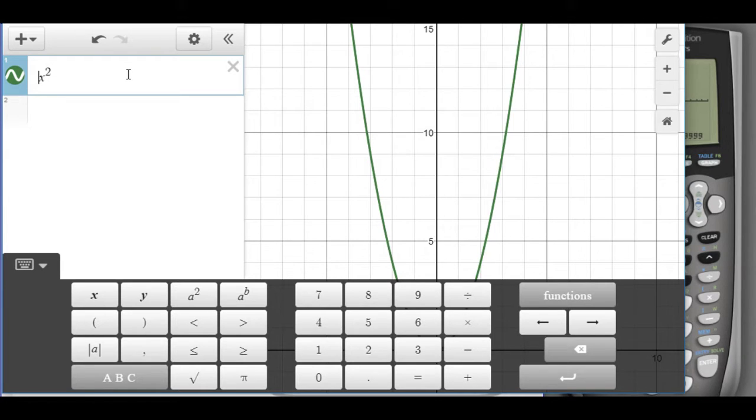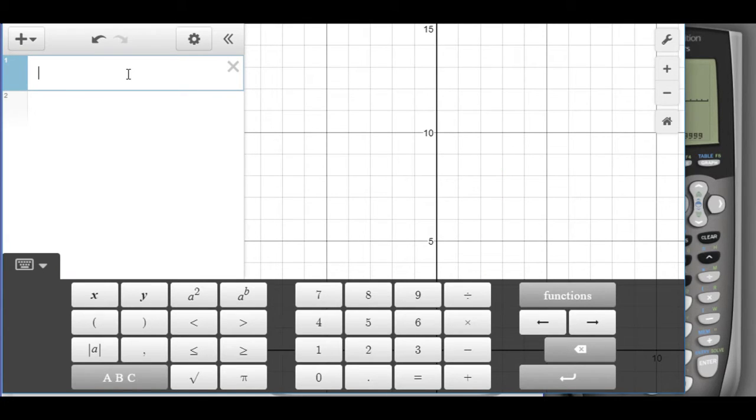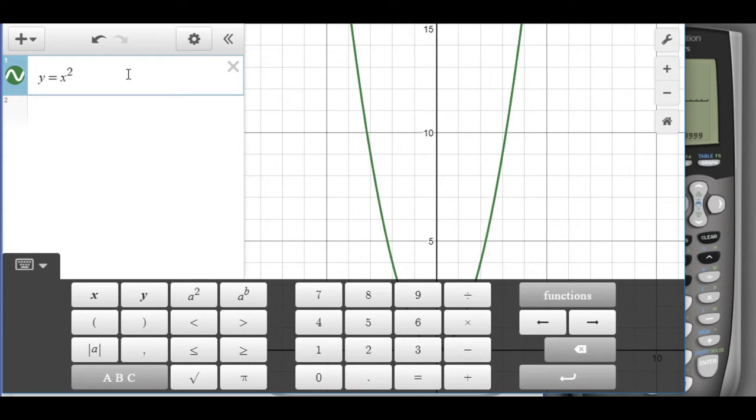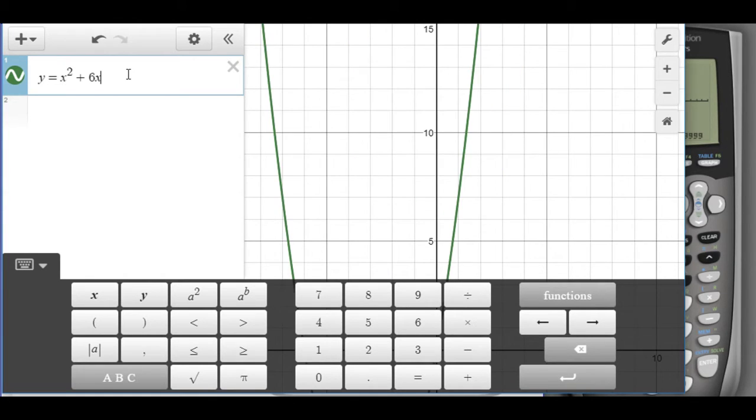So if we're typing in x squared, it'll be x Shift 6 2. But also make sure, go back, I'm going to start over. You have to make sure you type in y equals. So then we'll have x Shift 6 2, and then make sure you use the right arrow key to move out of the exponent, plus 6x plus 5.